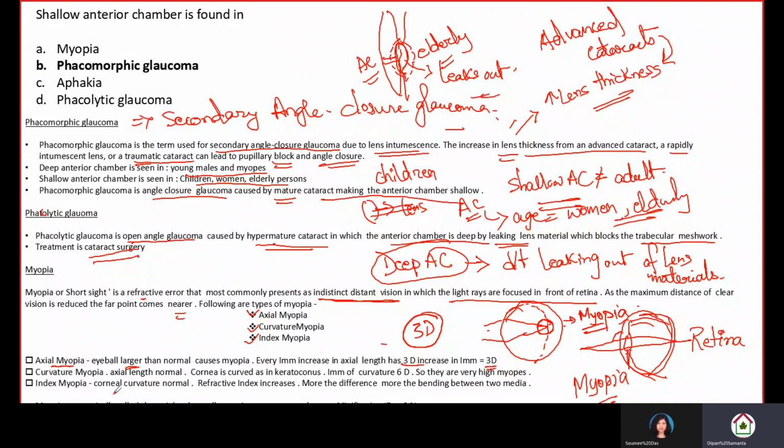Okay, and in index myopia, the corneal curvature is normal, but the refractive index is increased. The greater the difference, the more the bending between two media.